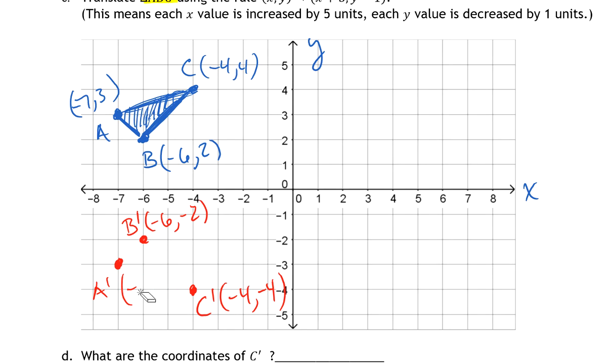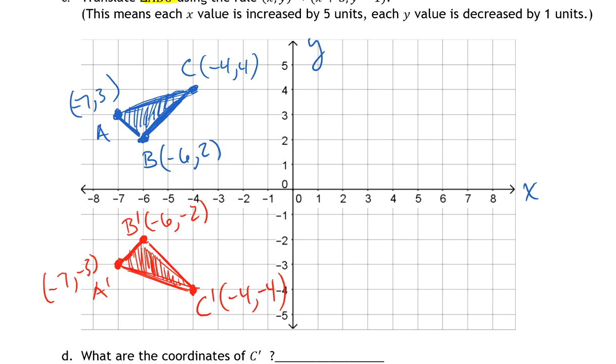And you can see I keep writing down the coordinates of A prime in inconvenient spots. So this is the triangle that I get if I reflect across the x-axis. Now I could have reflected across the y-axis. They didn't ask me to do that. And I could also reflect across some other line, right? If they gave me some other line, I could reflect across that.